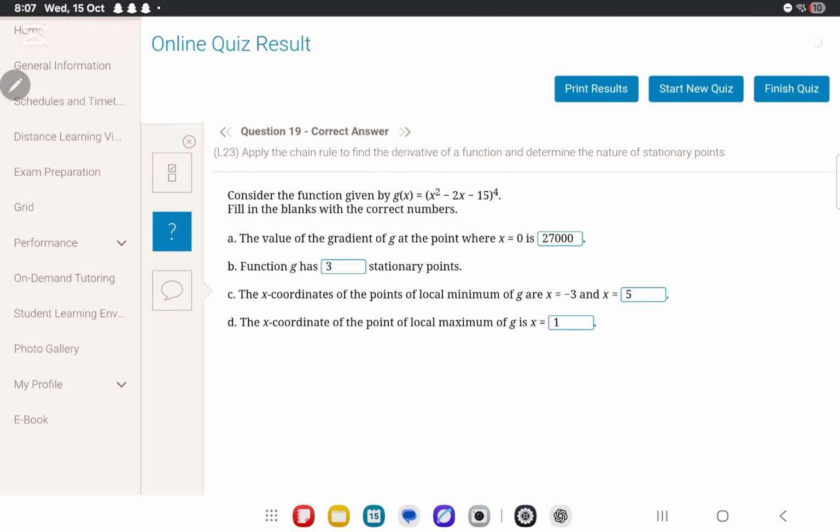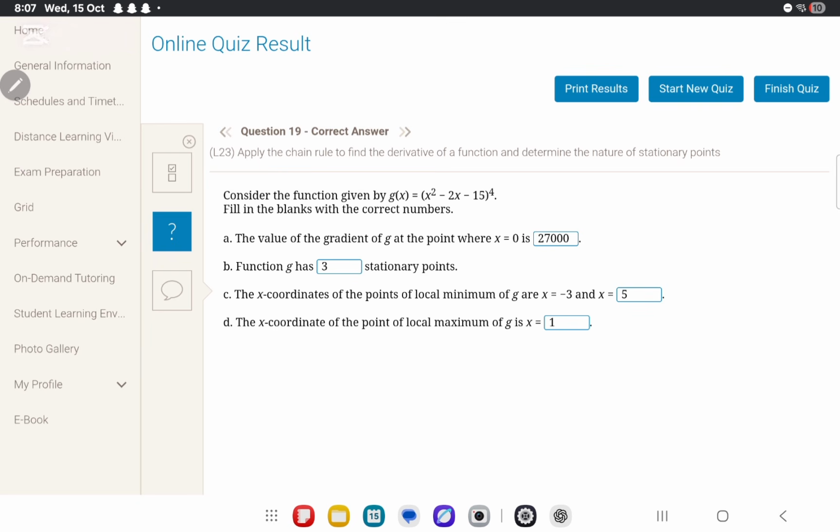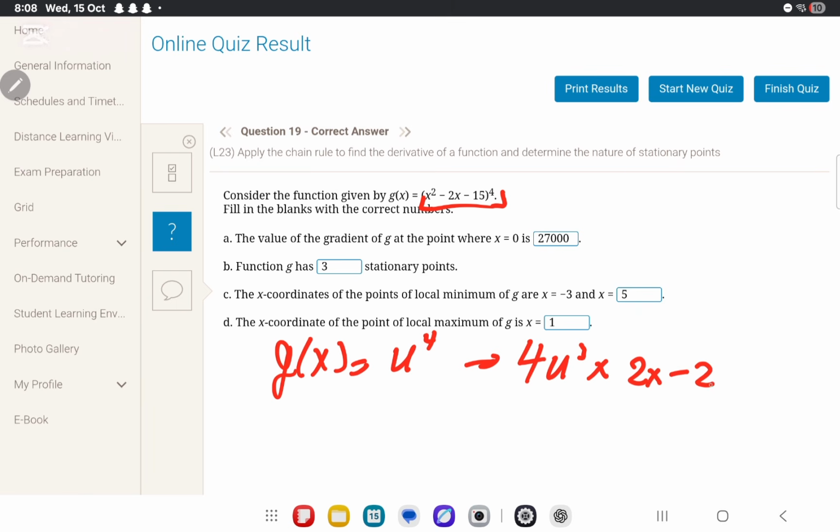Okay, question 9. Okay, so you see, this is very easy. I'll explain it. g of x is equal to whatever this is. Okay, I'm gonna say u to the power of 4. This is chain rule. Okay, so this means the derivative is 4u cubed times, okay, the derivative of what's inside. So it's gonna be 2x minus 2. Okay.